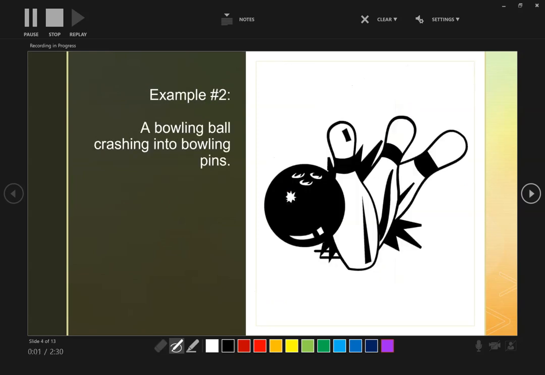Let's take a look at another example. A bowling ball crashing into bowling pins. What is the action force? What's happening? The ball hitting the pins.